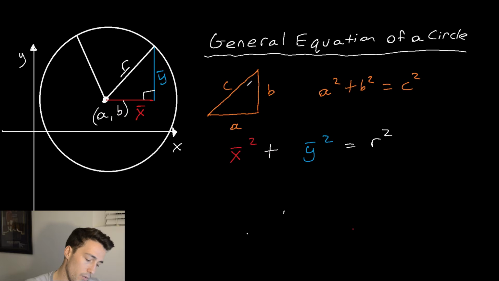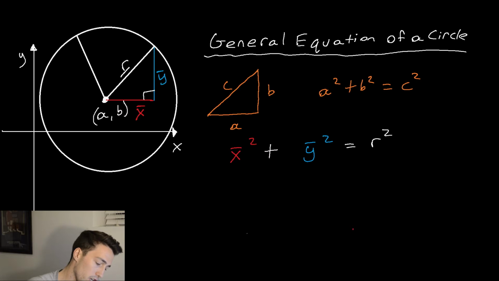So now we have the equation that defines this r squared line, or this triangle that we have. So how do we figure out what is x bar? What's the distance of x bar?